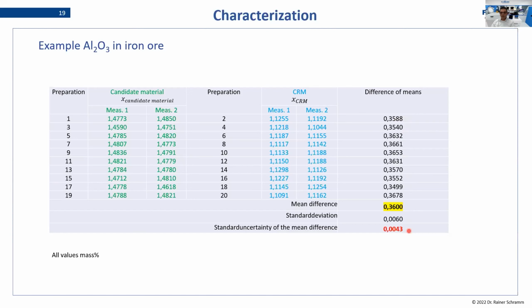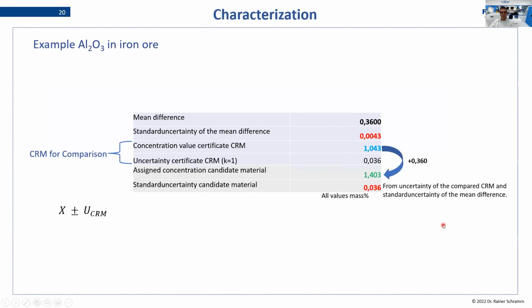So we get from this procedure already an error in the characterization, and you see how low this error finally is with this kind of preparation and characterization. Remembering, we have this difference and we have this uncertainty from these characterizations. Now we read in the certificate of this CRM how much aluminum oxide is really in that iron ore.